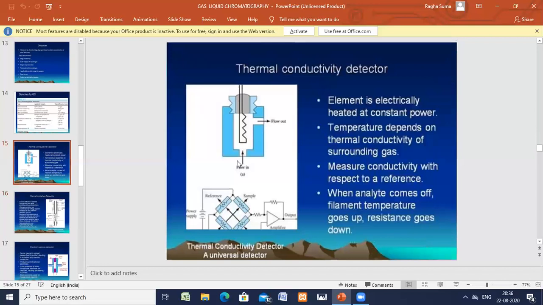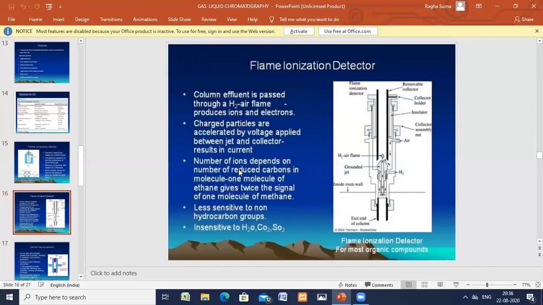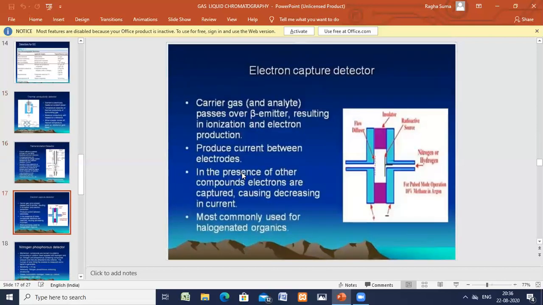So we have seen the thermal conductivity detector and flame ionization detector. Now we'll see the electron capture detector. It is based on the changes in the electrical conductivity of gases in an ionization chamber, caused by the presence of electron capture molecules.